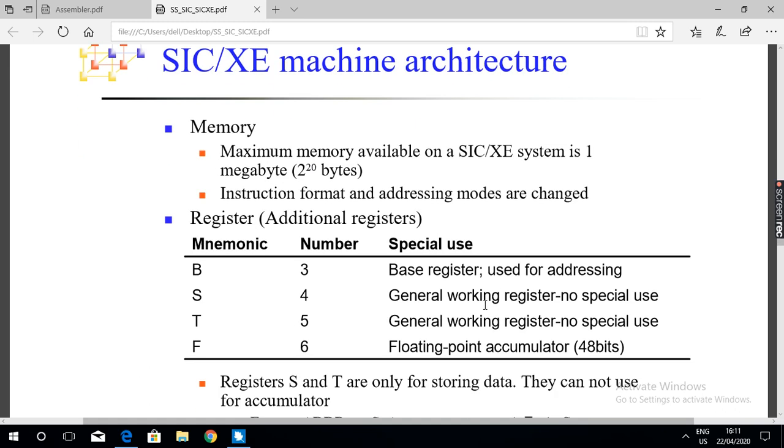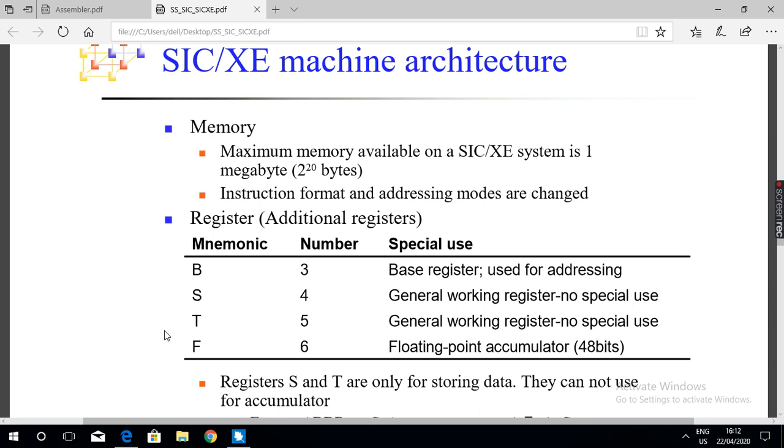Next, registers. The registers available for the simplified instructional computer are also available for the extended model, SIC/XE.